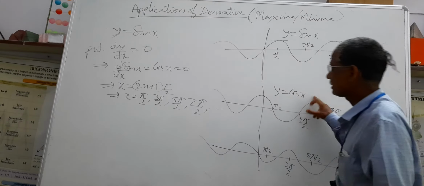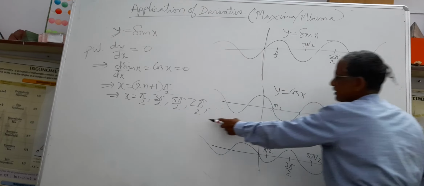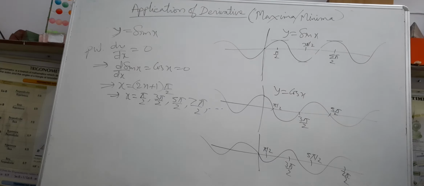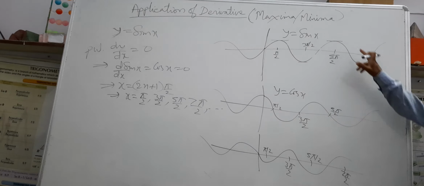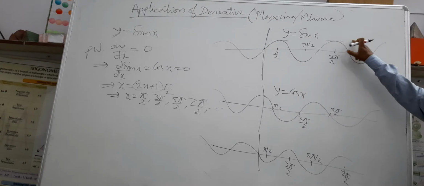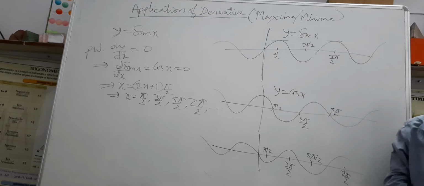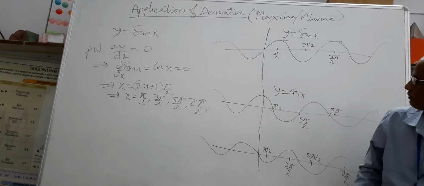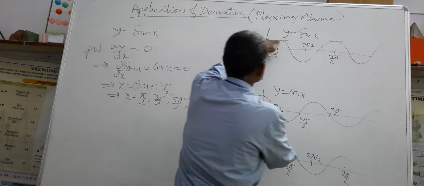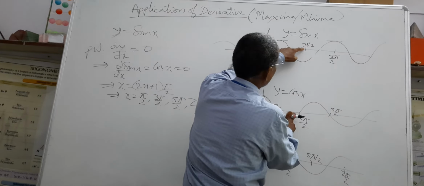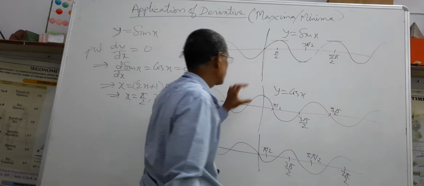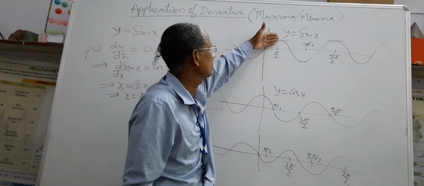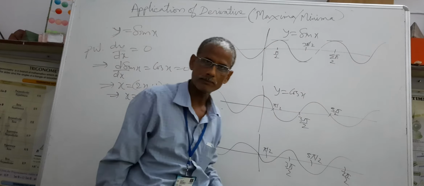See here that at all these points cos gives 0, because cos is rate of change of sin x. d dx of sin x is cos x. So where d dx gives 0, function will be maximum or minimum. Where dy dx becomes 0, original function will be either maximum or minimum.